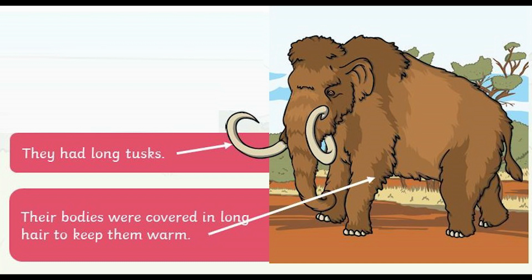Mammoths became extinct 4,000 years ago. They were hunted by people for their meat and fur. The woolly mammoth ate leaves and plants. They died out when their habitat disappeared because of climate change.